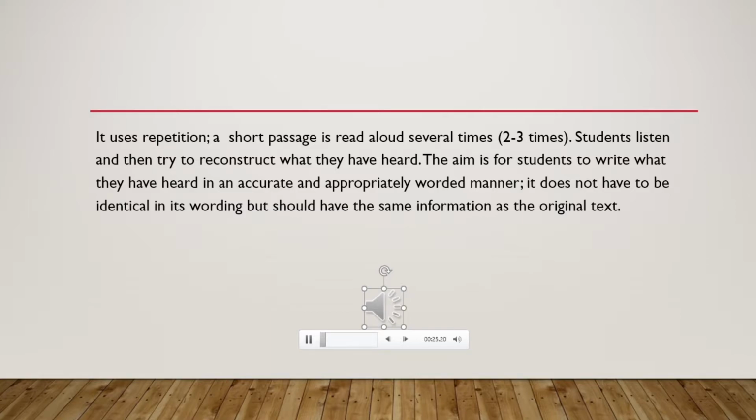They're not asked to write down exactly what they heard, but they try to write as much of the same information as they can. They try to word their recollection appropriately. And so that's the goal, not to reproduce exactly what they heard, but to recall and represent and record it as well as possible.